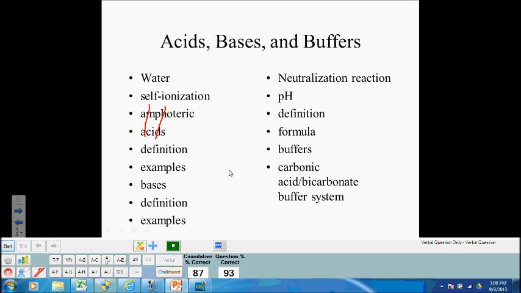If all of a sudden my body says, hey, there's too much of this, what does my body want to do? If there's too much of this floating around in my blood, my body wants to get rid of it, right? So what it will do is take this reaction going right to left, and speed that reaction up.